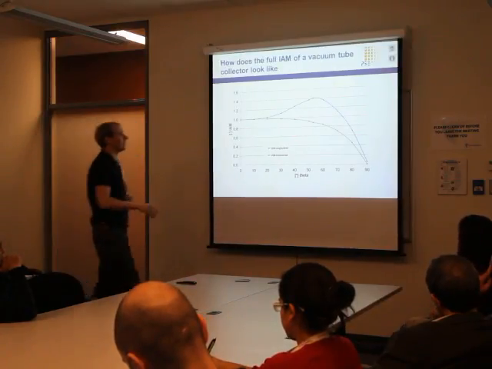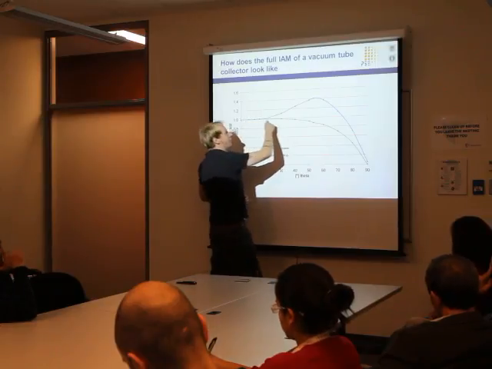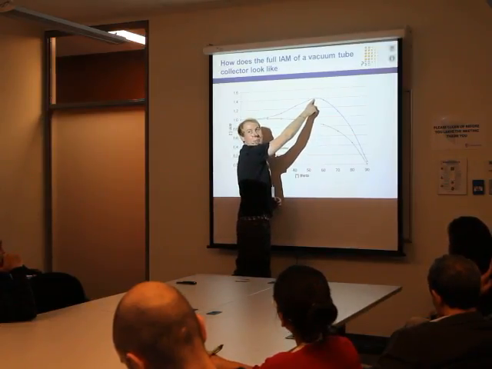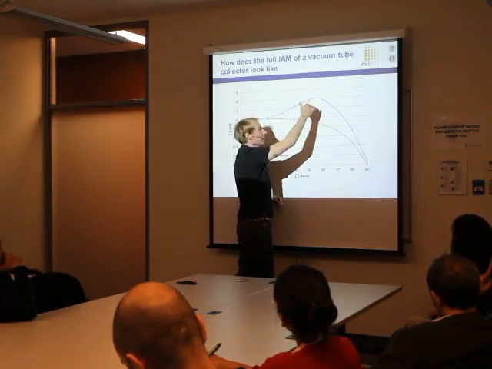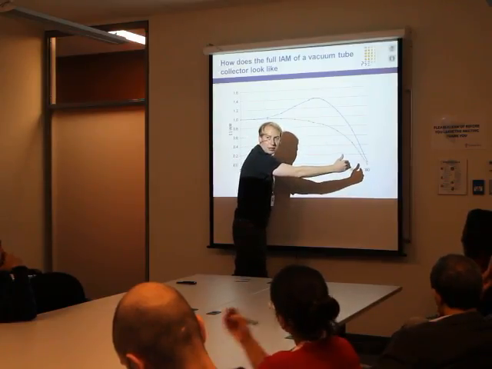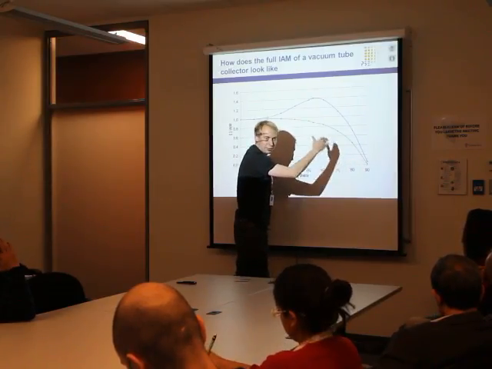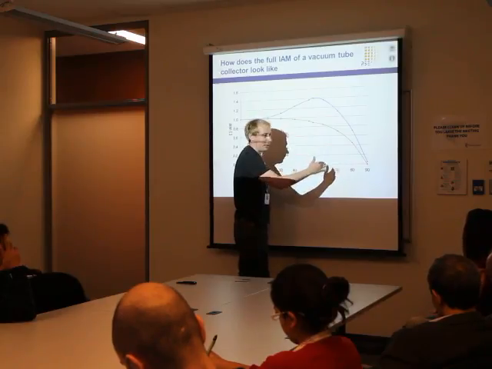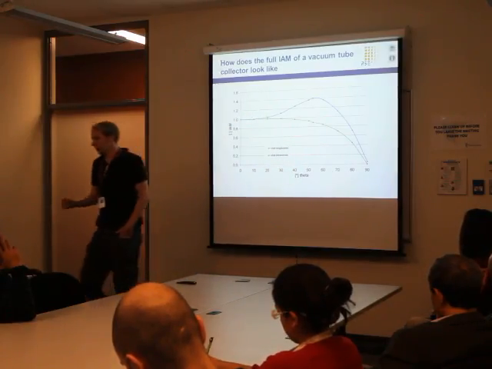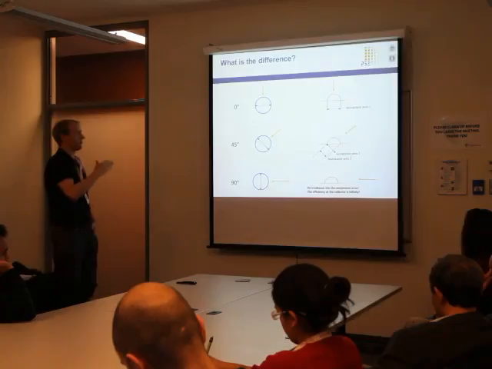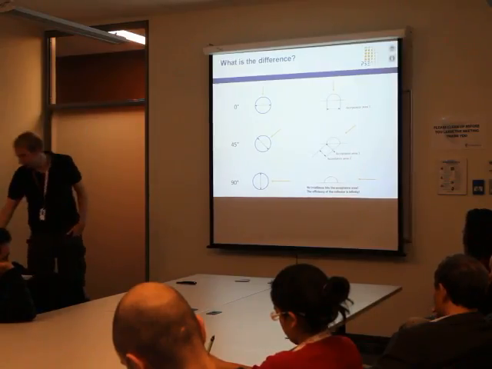But we always get to a certain point, which is very high, and then the energy is dropping, or the IAM is dropping again. So this is only true for one tube, right?